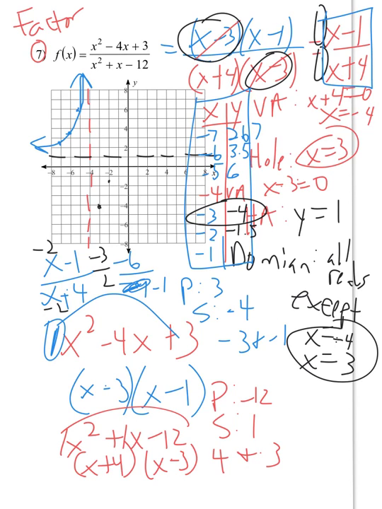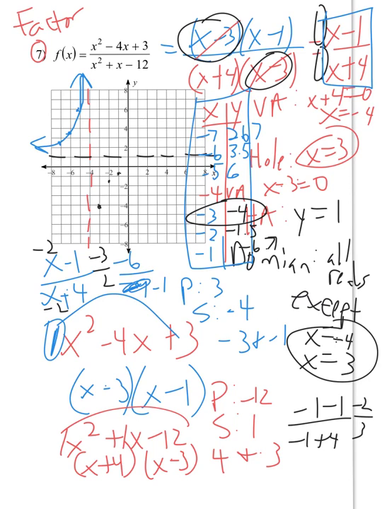If I put negative 1 in, negative 1 minus 1 all over negative 1 plus 4 is going to be negative 2 over 3, so negative 0.67. So at negative 1, we're at negative 0.67.